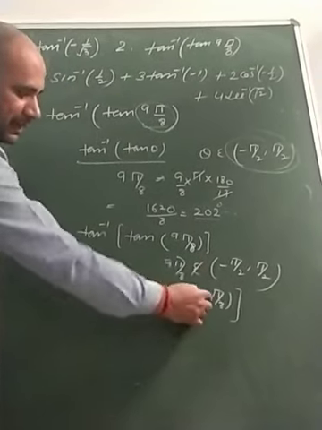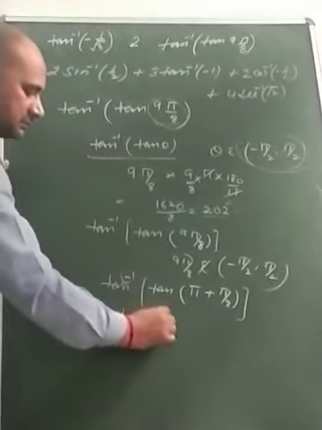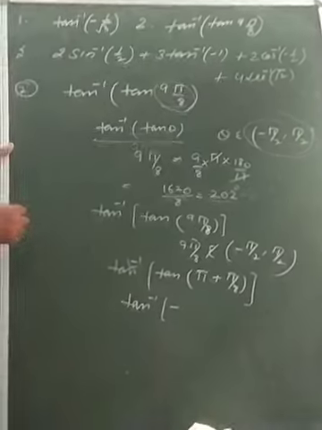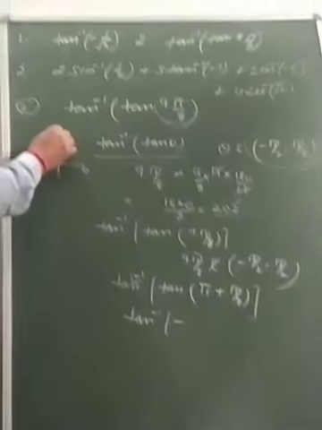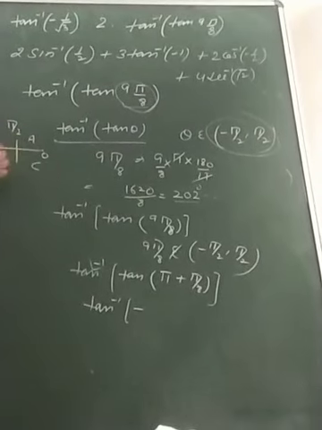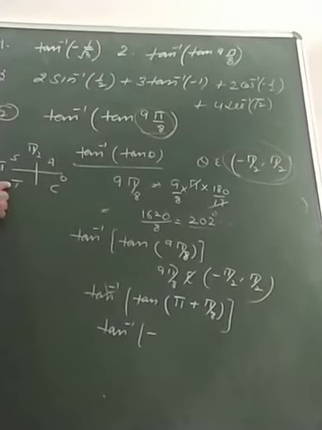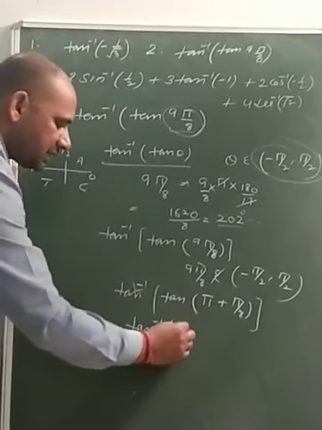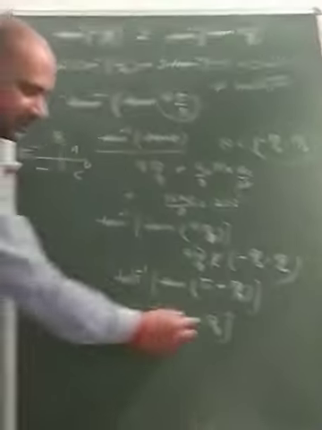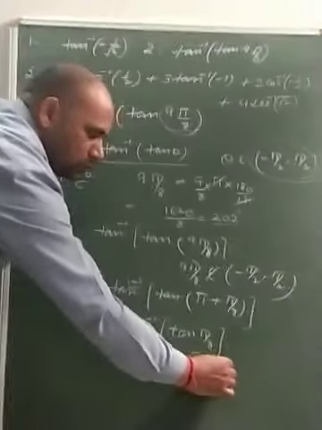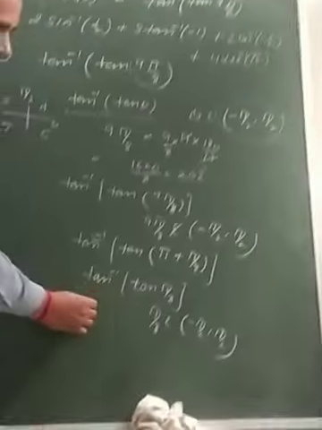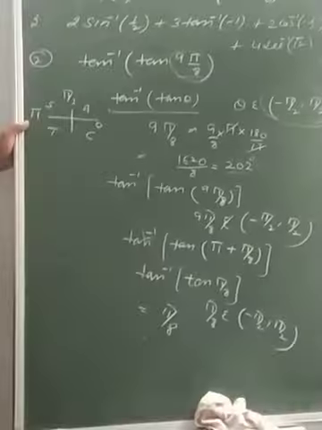Tangent of pi plus theta is in the third quadrant, where pi plus theta has no change, and tangent pi plus theta is tangent theta. So tangent pi by 8. Now you can see pi by 8 belongs to minus pi by 2 to plus pi by 2. Now we can cancel each other and the answer is pi by 8.